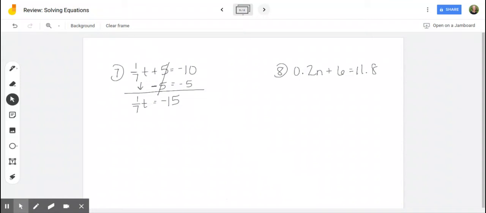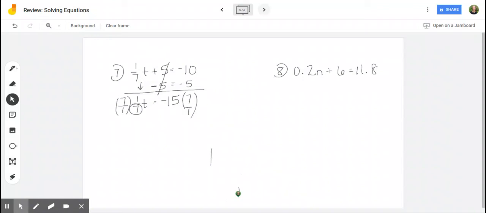So to get rid of this 7 down here, because 1 and 7 are being divided together, I can multiply by the reciprocal. That means flipping the numerator and the denominator. And then if I do that to one side, I have to do it to the other.